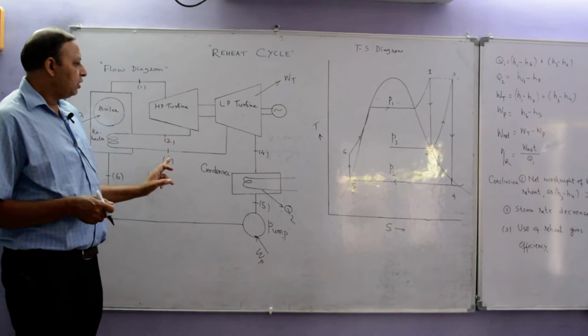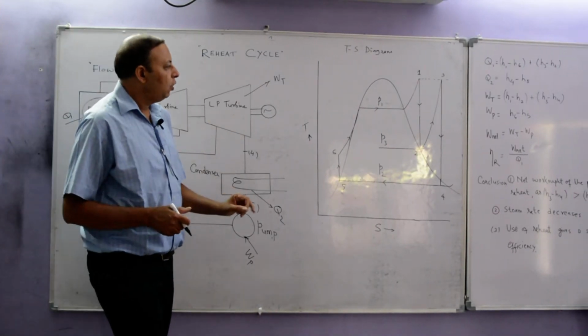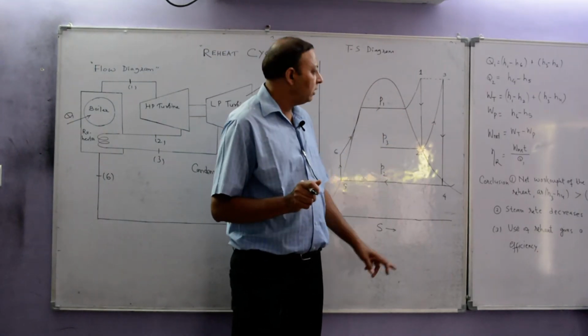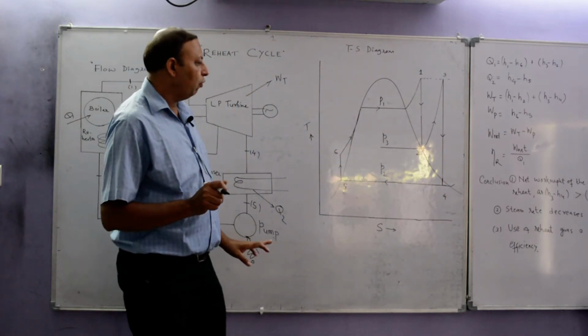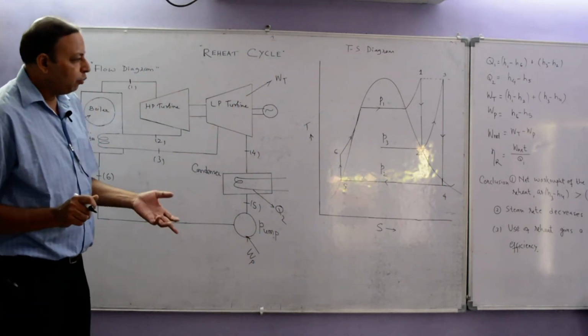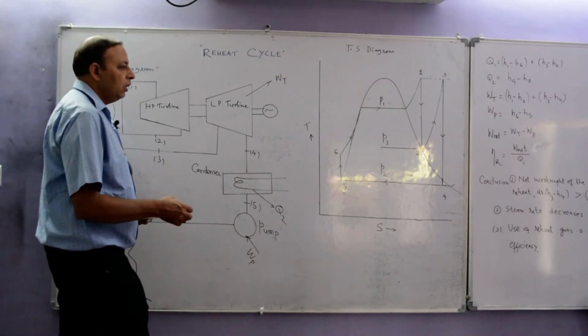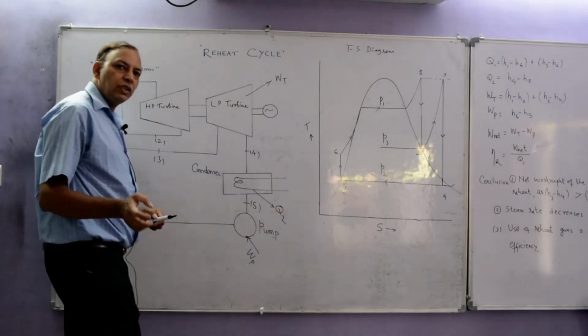And this steam again expands in the low pressure turbine. So expansion in the low pressure turbine we can see from point number 3 to point number 4. At point number 4 again steam is condensed in the condenser up to saturated liquid. So 4-5 is the condensation process.